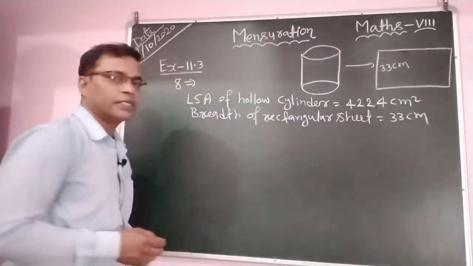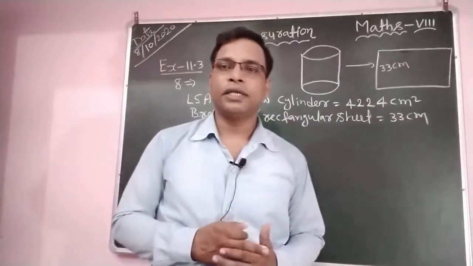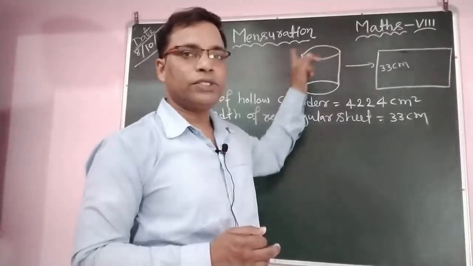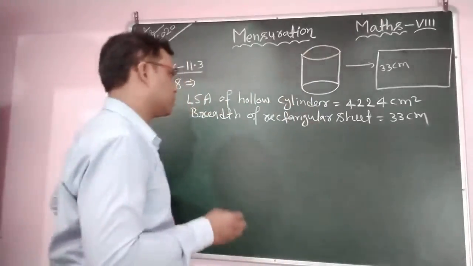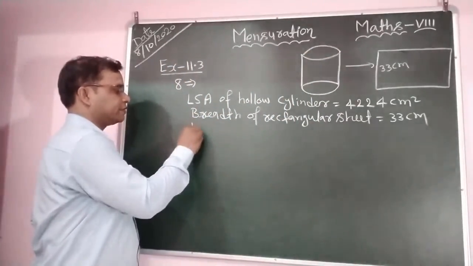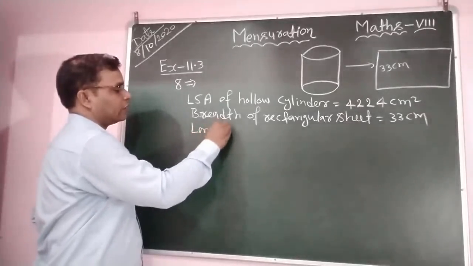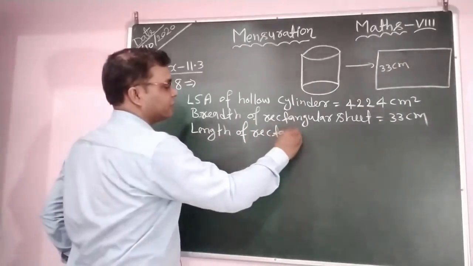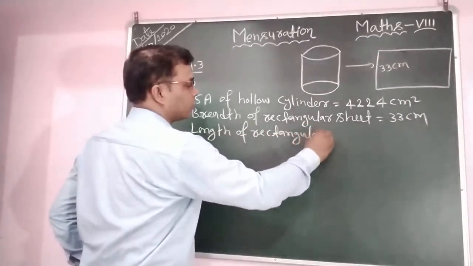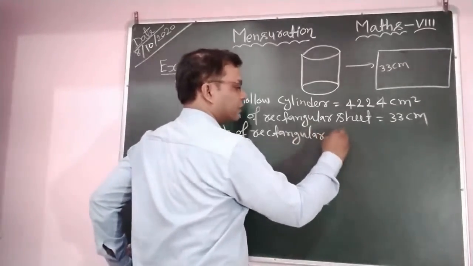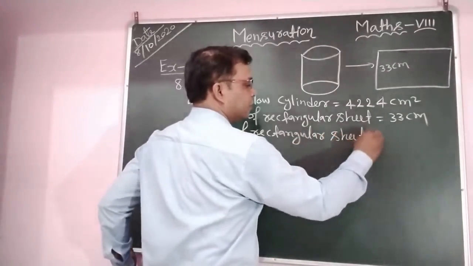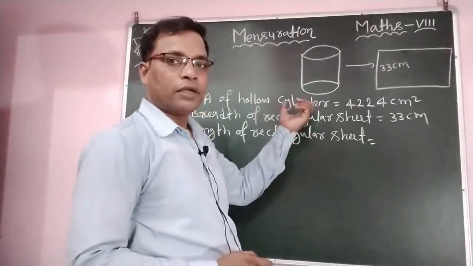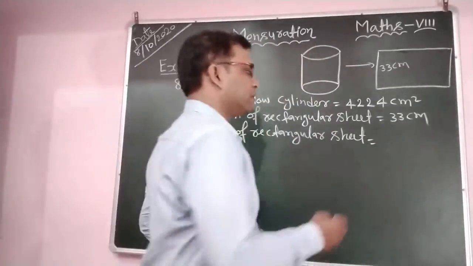The circumference, the perimeter of this part, is 2 pi r. So the length of the rectangular sheet is equal to the circumference of the base or top part, the circumference of the circular part.